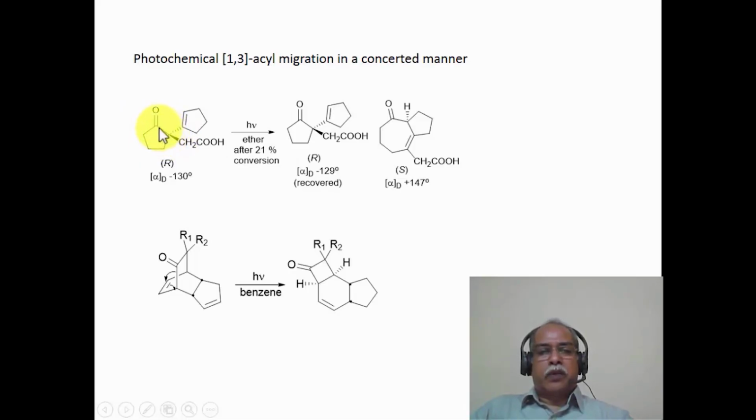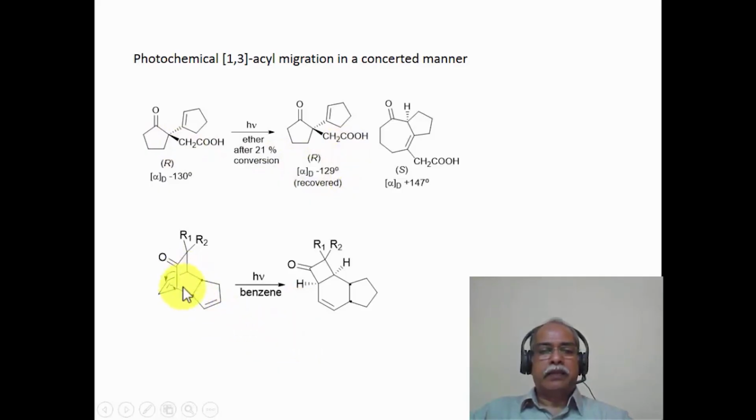Then the Norrish type I process produces a diradical. That diradical can recombine here. If that were to take place, racemization would have taken place. If it is a concerted 1,3 migration followed by the ring expansion, then the product formed is going to be this particular product, and the resulting unreacted starting material essentially has the same optical rotation, ruling out the possibility of a stepwise mechanism in this particular instance.